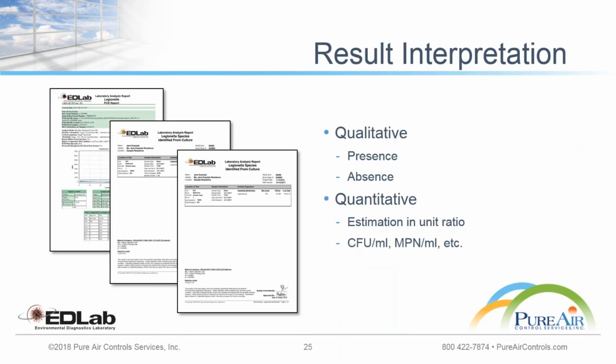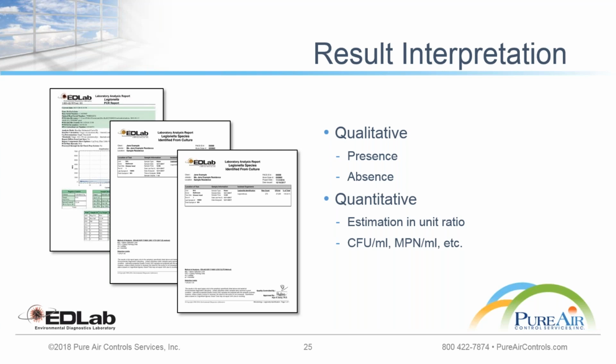That's a very loaded question, Ronnie. As I explained earlier, there are various methods used to determine whether Legionella is there or not. Let's summarize this in two major parts. If our goal is to understand presence and absence, then the result can help us evaluate Legionella present or Legionella absent.